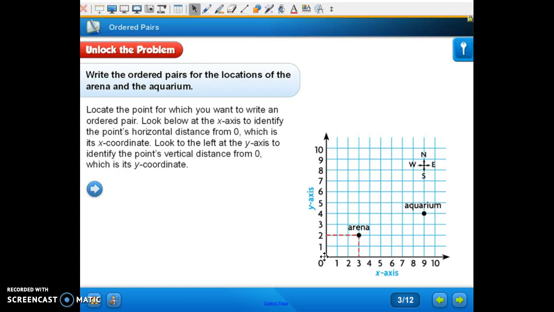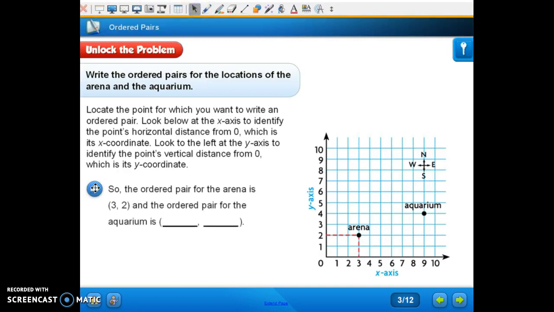So then it says, write the ordered pairs for the locations of the arena and the aquarium. Locate the point you want to write an ordered pair for. Let's see which one they asked us first. What did they want us to find? The arena and the aquarium.